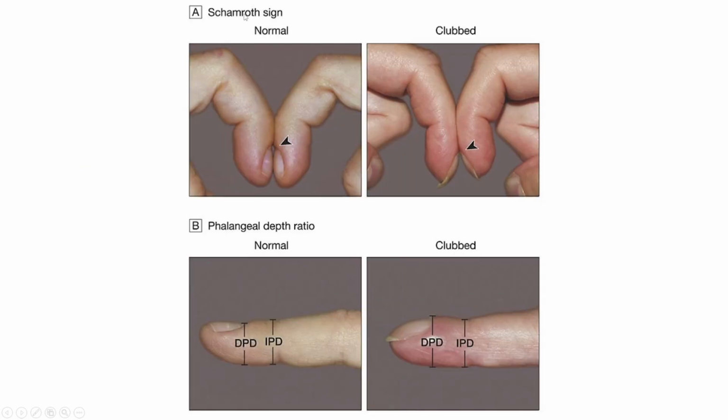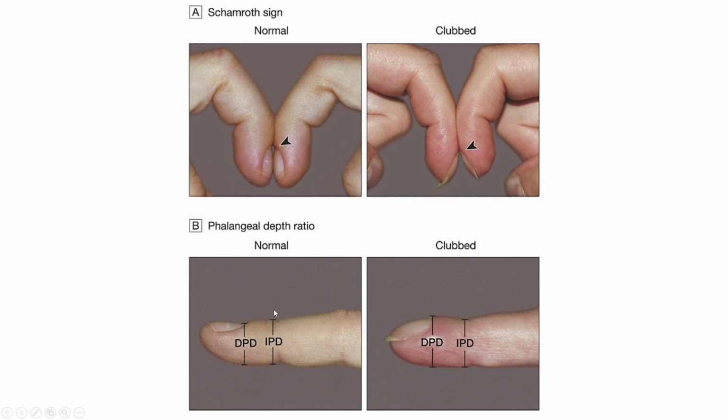There is this sign, Schamroth's sign, I think. I'm not sure about the pronunciation. It is a test to see nail clubbing. This is the normal condition. If we put the nails next to each other, they will attach to each other. While in clubbing, because of the shape of it, it will give us a triangle shape here.